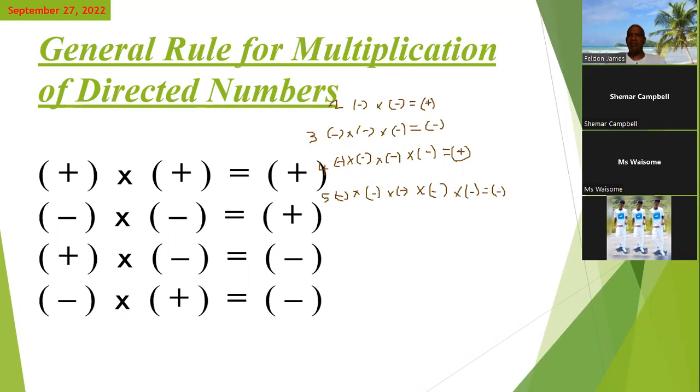So you don't want to say when you're multiplying by odd numbers. What you want to say is that when you're multiplying an odd amount of negatives, meaning that if you count the negatives and you get an odd number, then the sign is going to be what?